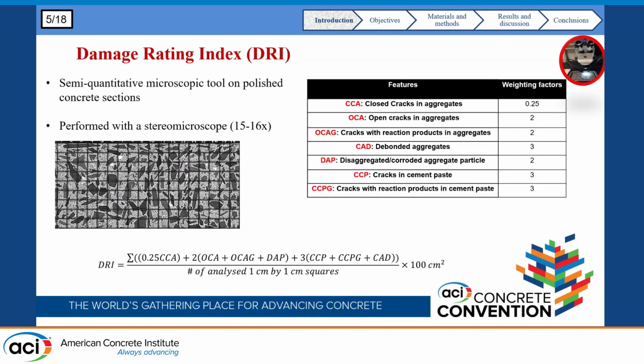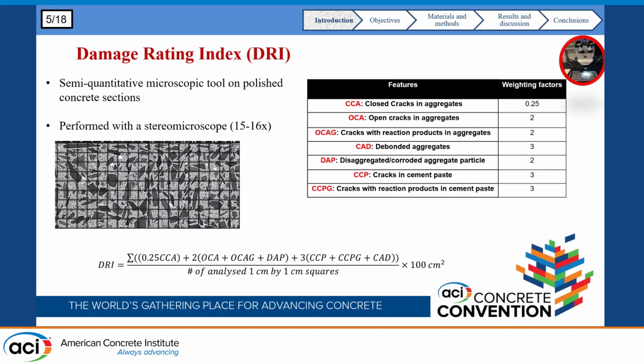The damage rating index is a petrographic-based semi-quantitative tool which can be used to assess ASR damage in concrete. Basically, it's carried out using a stereo microscope at 15 to 16 times magnification, and crack features, as highlighted in this table, can be counted through the microscope, and these are multiplied by weighting factors, as highlighted in this table.